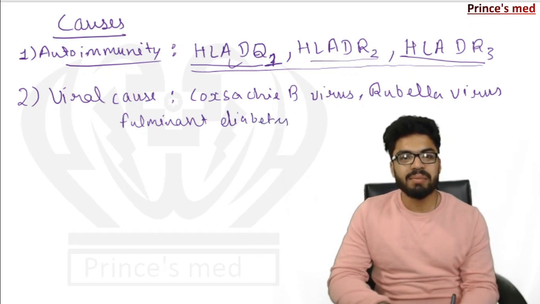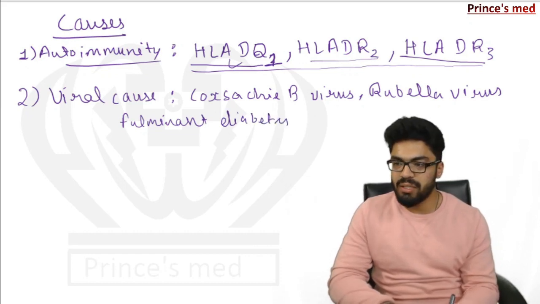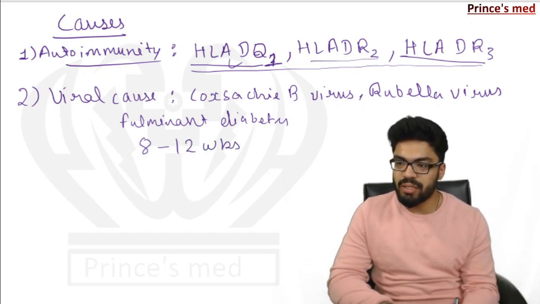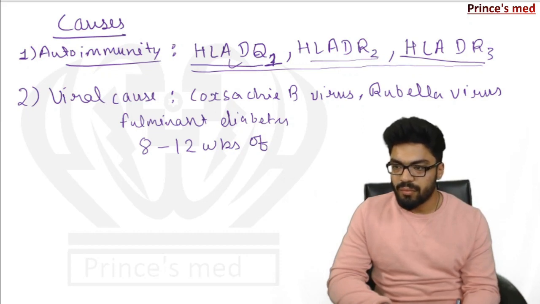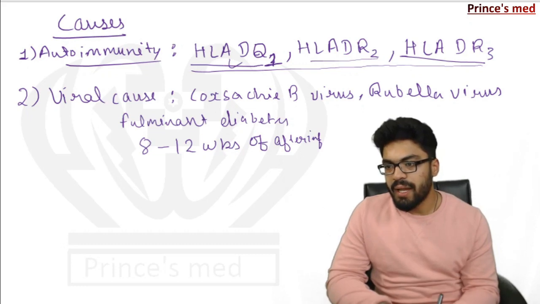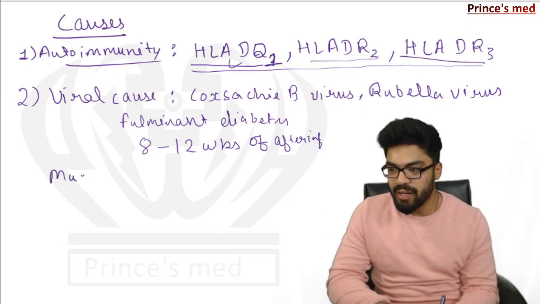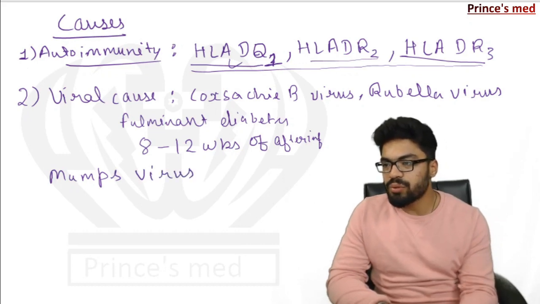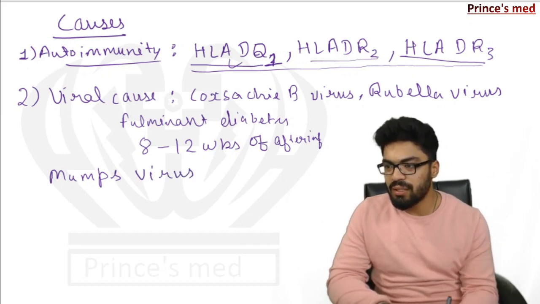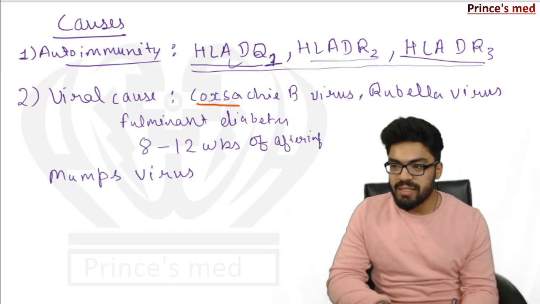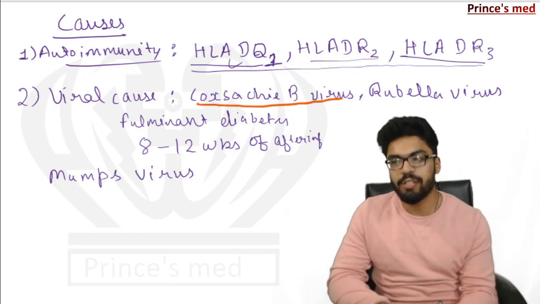Because symptoms start to develop within 8 to 12 weeks after infection. And next, the mumps virus is also responsible. And the most common viral cause is Coxsackie B virus infection.